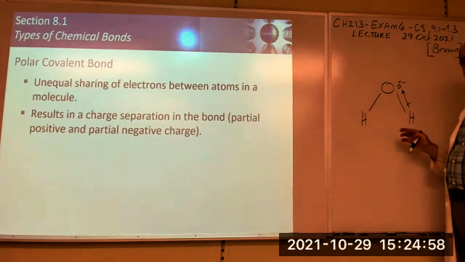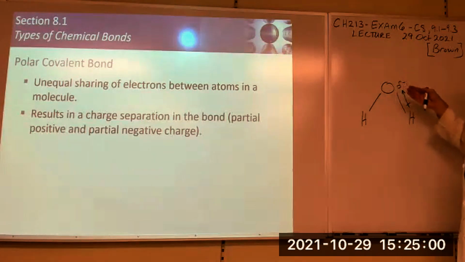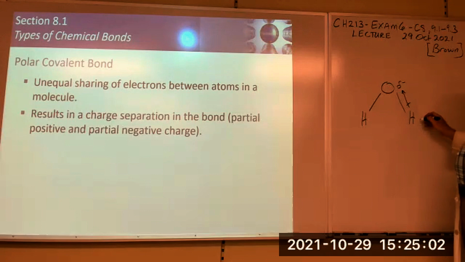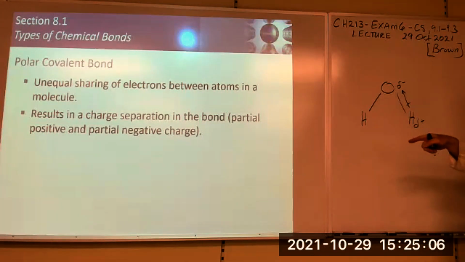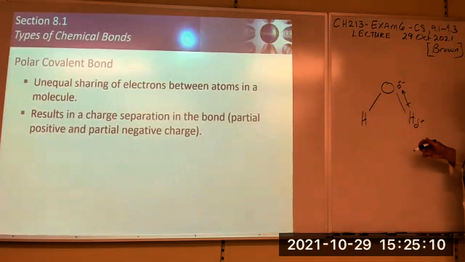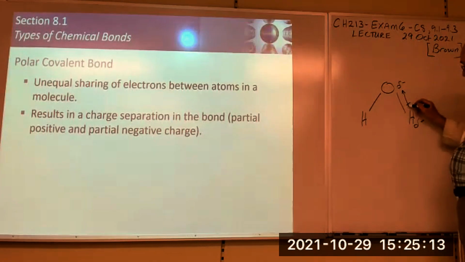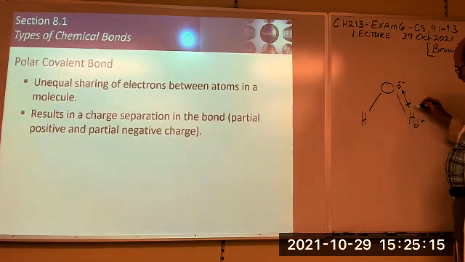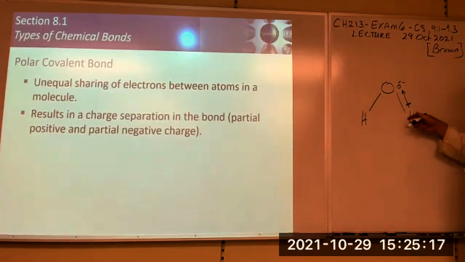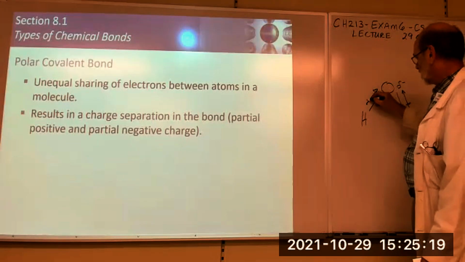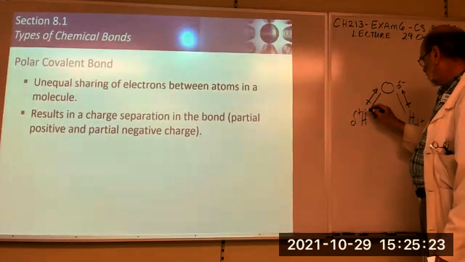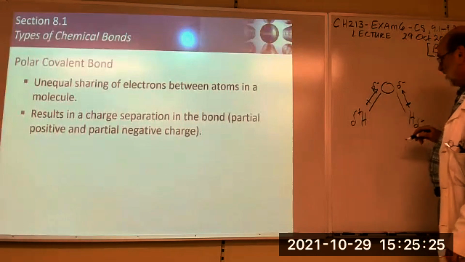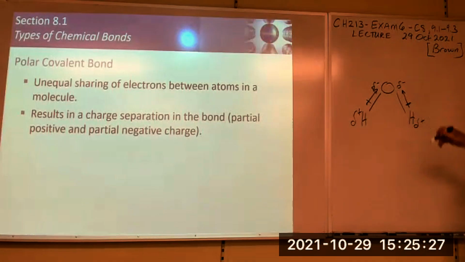It's not a full negative charge, like a complete transfer of an electron, just a slight negative. That makes this one slight positive. So we use that little delta, the small Greek letter delta, to designate that difference. And then we use also this arrow with a plus on this end. This plus means that's the plus end. And that bond would be similar to it. Okay, that's a polar bond.